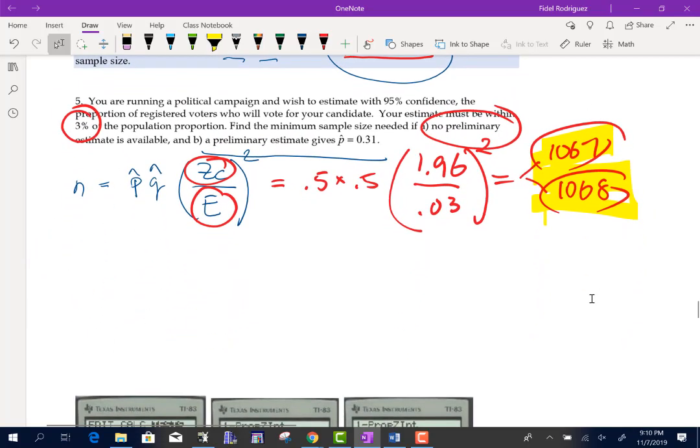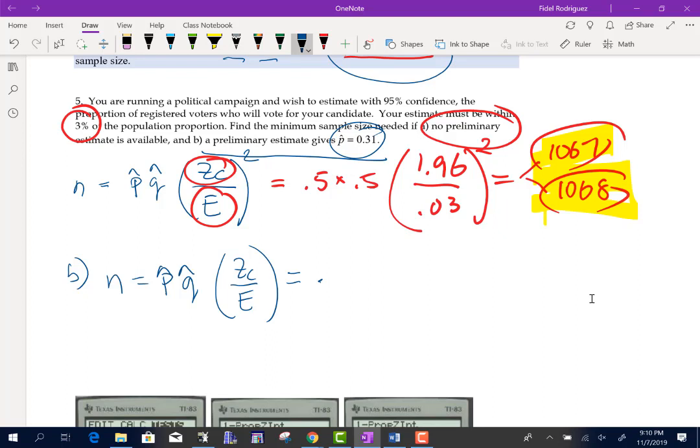So guys, there's a second part to this problem, part B. And in part B, I'm still using the same formula that we did before, except what part? Now in this case, our p hat is 0.31. So my question to you is, if my p hat is 0.31, what would my q hat be?